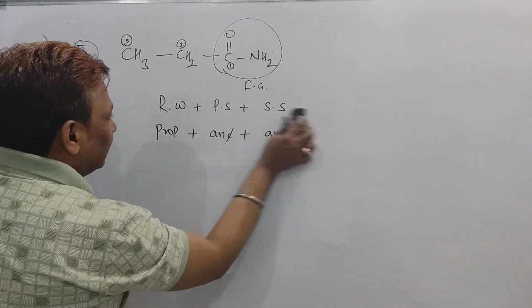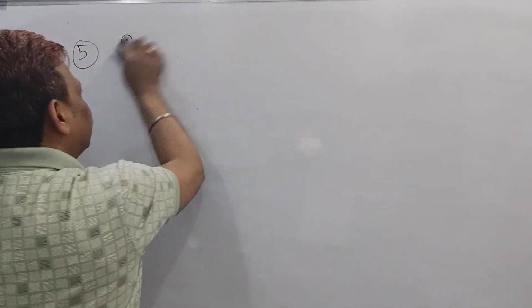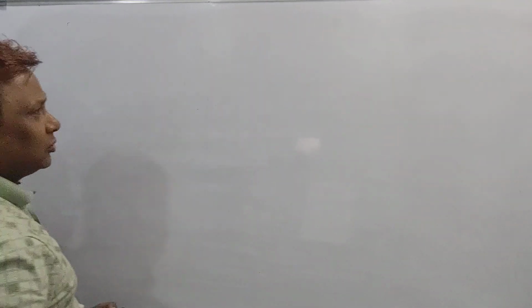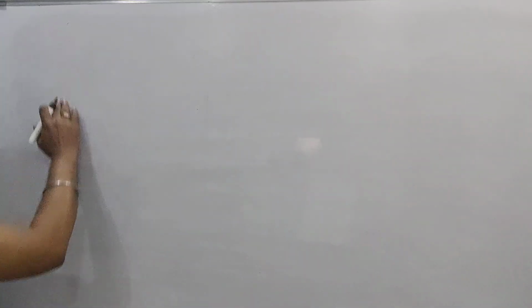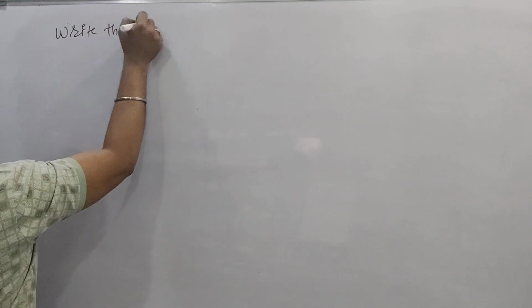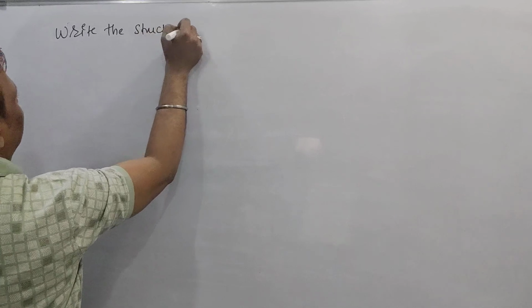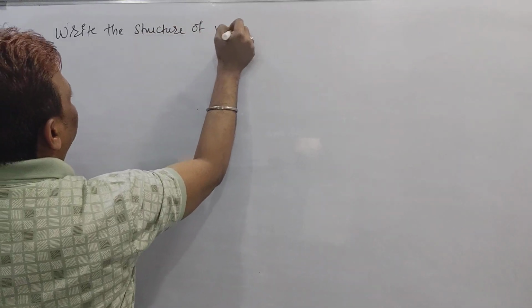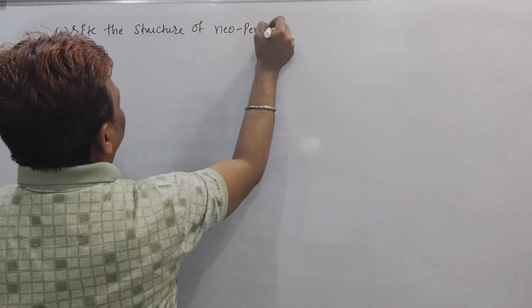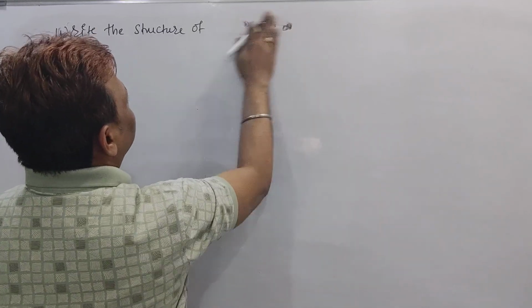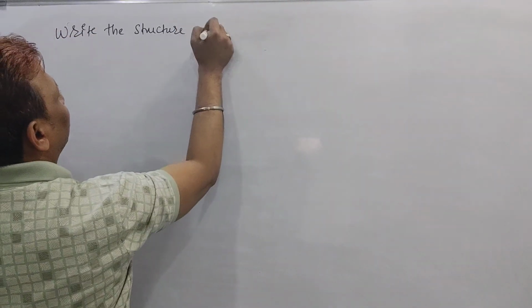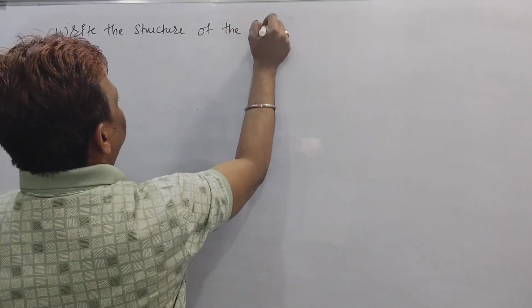See now, all these simple 5 examples I have given are based on the IUPAC part. So now I will give you some more examples. Sir, write the structures of neopentyl alcohol. They are asking here, write the structures of the following.